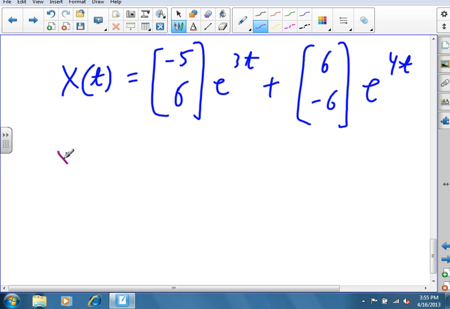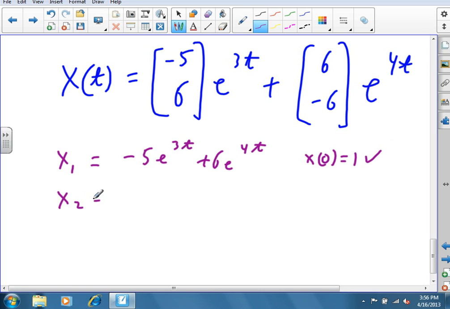So x1 is minus 5 e to the 3t plus 6 e to the 4t, and x1 at 0 is supposed to be 1. Check, it is. x2 is equal to 6 e to the 3t minus 6 e to the 4t, and x2 at 0 is supposed to be 0.